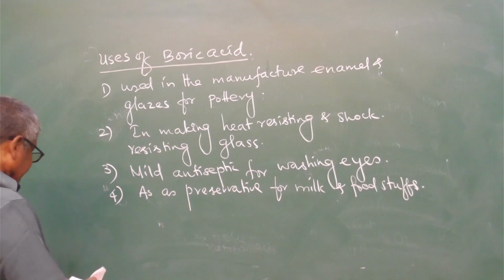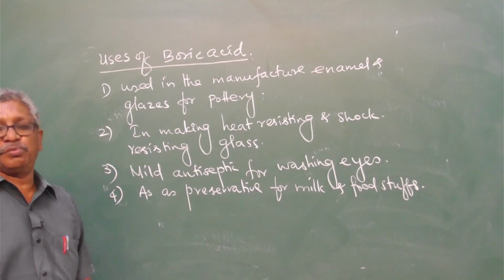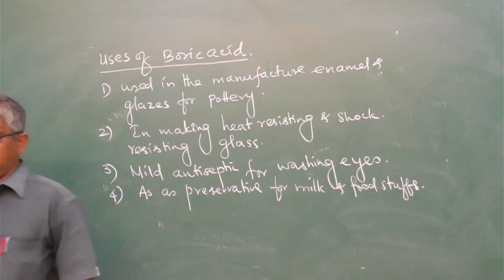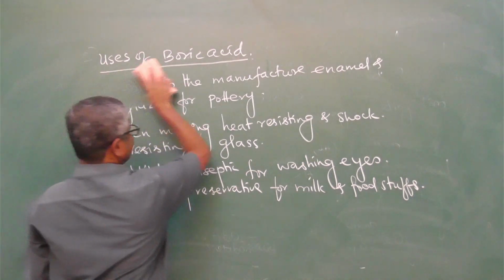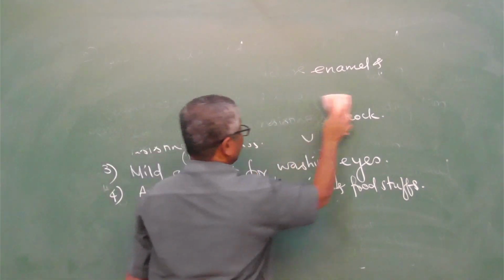So now the next important compound of boron is diborane. It is called hydrides of boron.